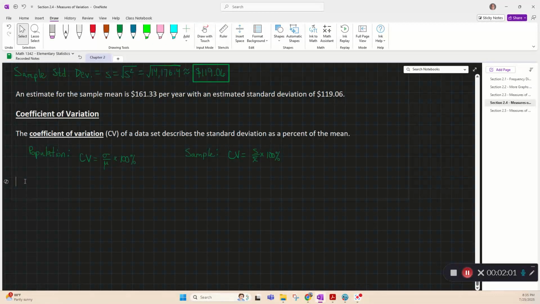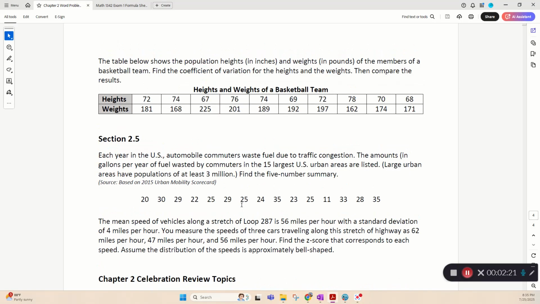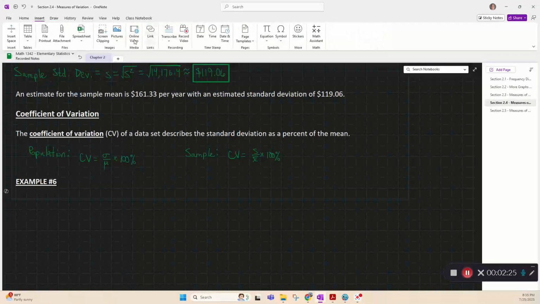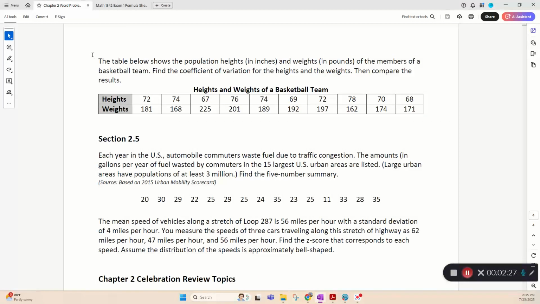Let's take this and do one final example for this section. Let me make sure my word problem is up. There it is.